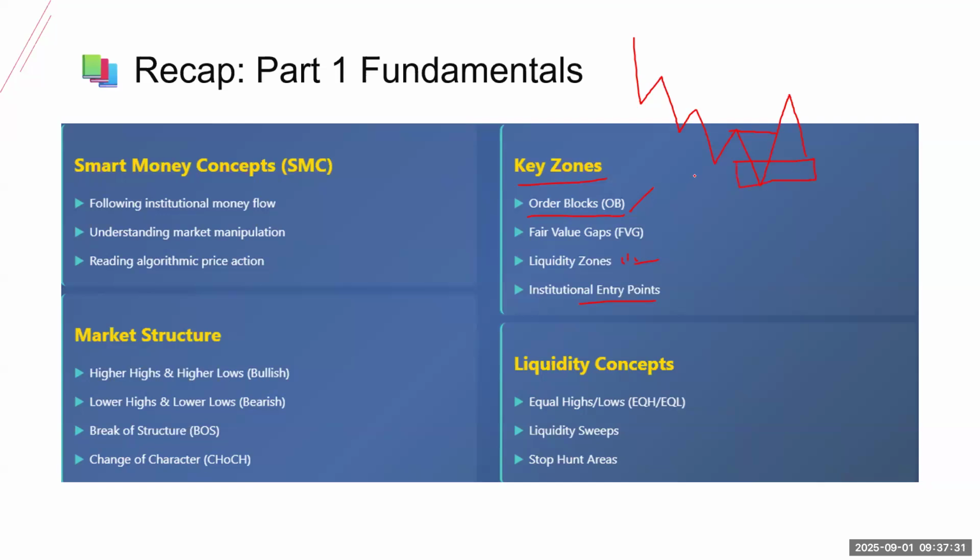This level could be an OB, it could be an FVG. That's why we call it the institutional entry point. Stop loss you put below here. This is your SL.